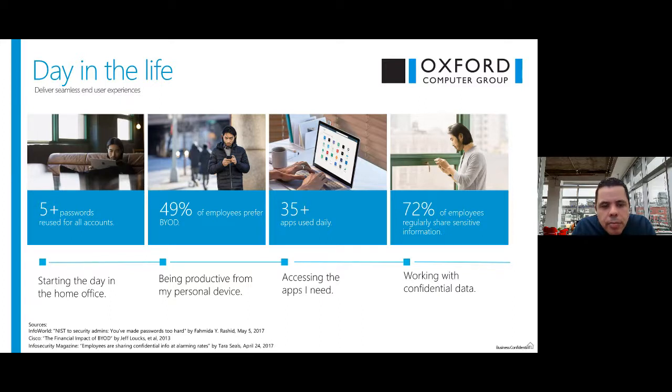And so organizations have seen that trend, and of course there's a cost savings too if you don't have to buy devices for your employees, but are those devices being secured? Additionally, users are accessing upwards anywhere from 35 or more apps on a single day.